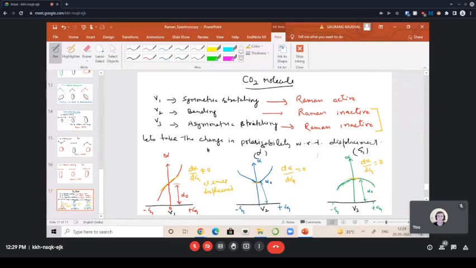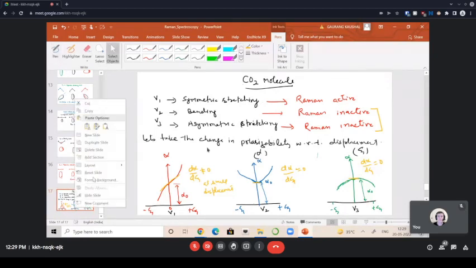We can conclude that if the polarizability curve has a large slope at zeta equal to 0, the Raman line will be strong. If the slope is small or nearly 0, it will be weak. But if it is 0, then this mode is not allowed.